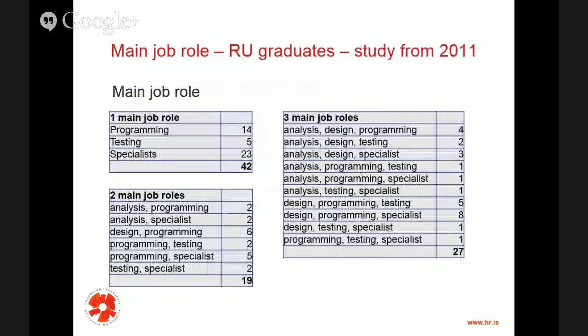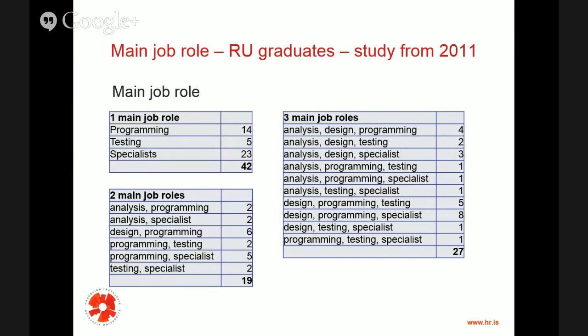So if you start to look at this, okay. So the short answer is, if you have like 50 people that are programming and 40 people that are designing, how could we do this?